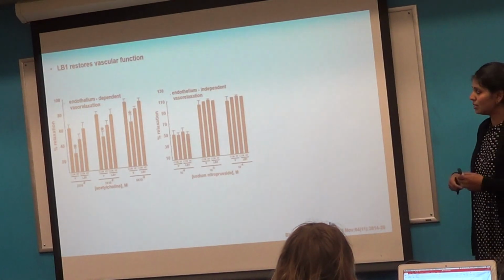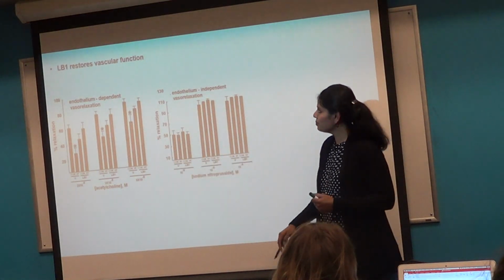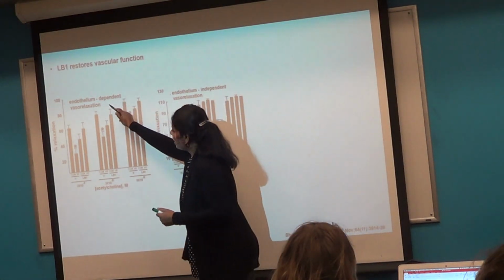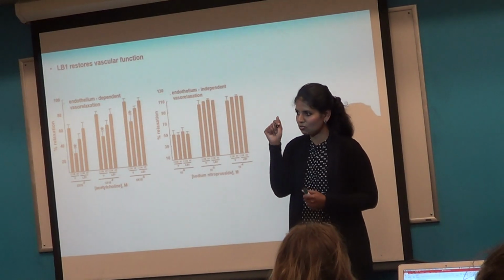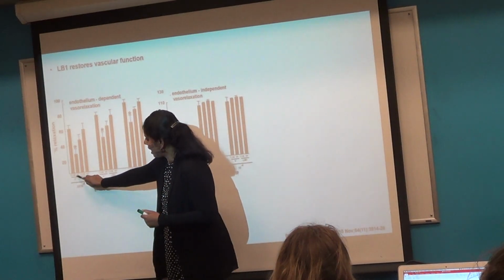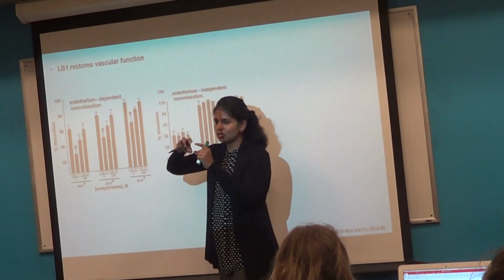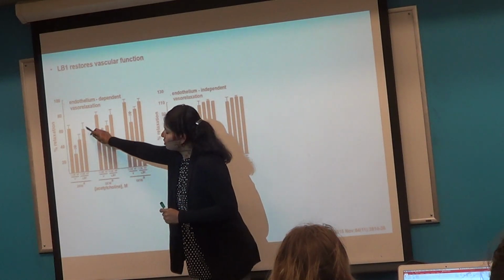So now we looked at the same group of mice and their vasorelaxation. Endothelium dependent, you put the drug acetylcholine, it acts directly on endothelium. And you see with the high-fat diet, you have less vasorelaxation, but LB1 restores it.